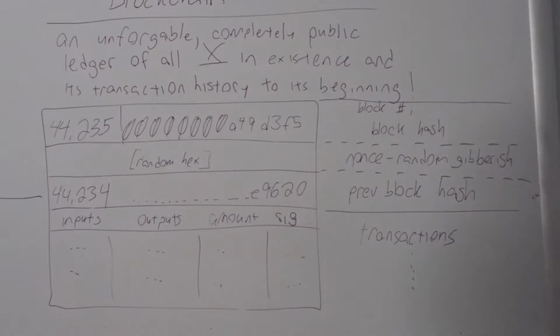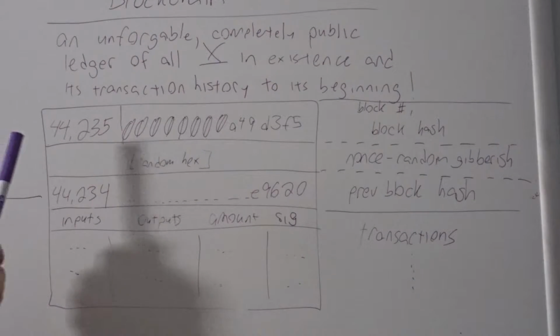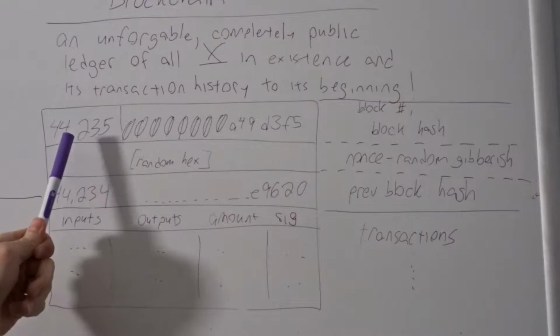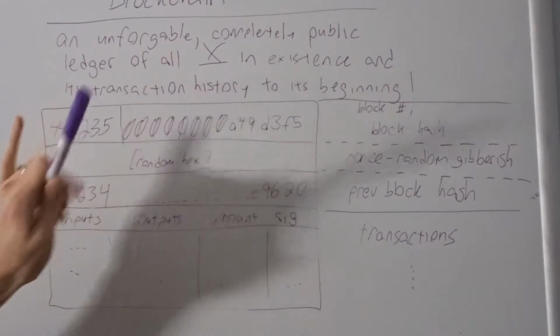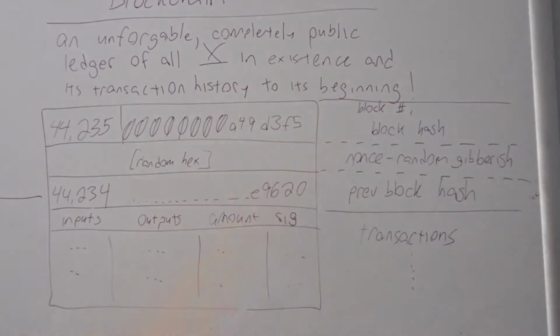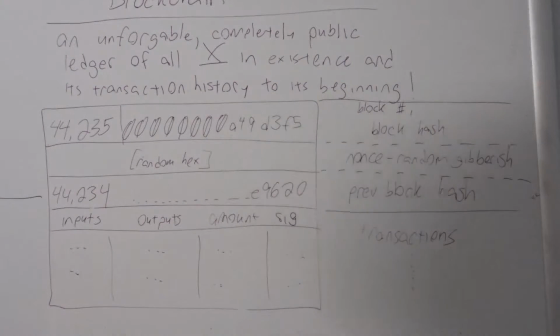Now I say n because it really depends on which block number. Earlier blocks only had to have a few zeros, and higher blocks need more zeros, and that's something called the difficulty level, adjusting over time.